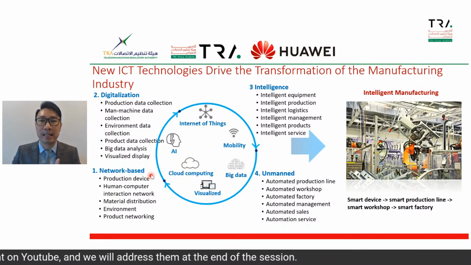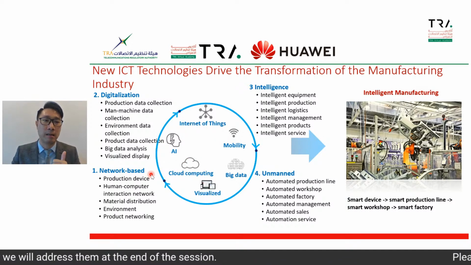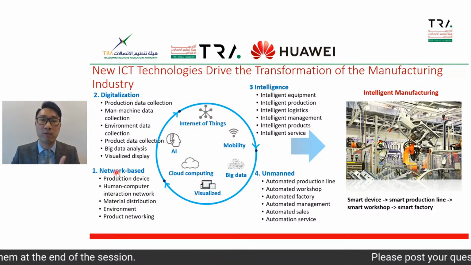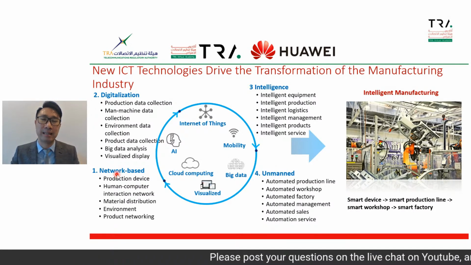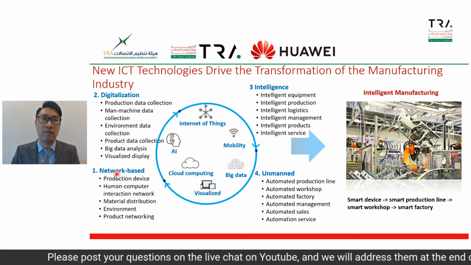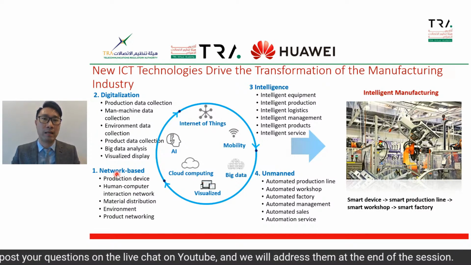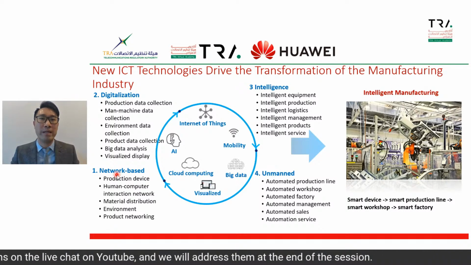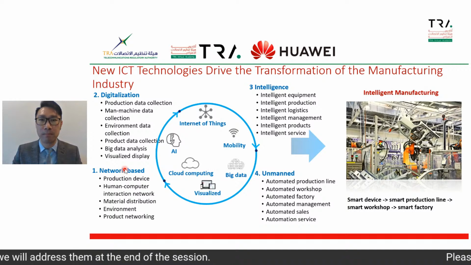And the first step of this revolution would be network-based. So you want to connect the equipment in the manufacturing to the network. If you are not connecting to the network, basically we cannot know how the equipment is performing.